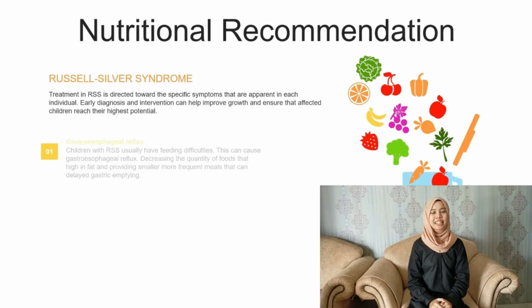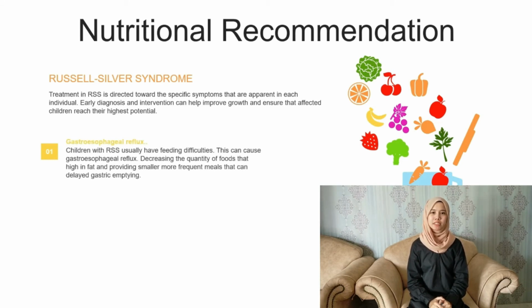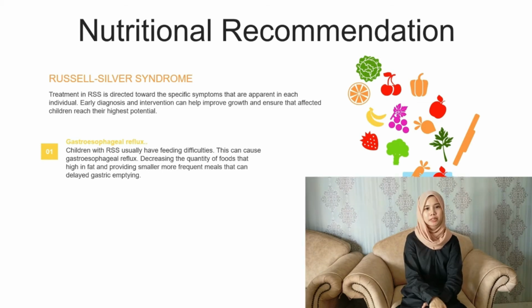Okay, firstly, gastroesophageal reflux. Children with RSS usually have feeding difficulties, which can cause gastroesophageal reflux. So, decreasing foods that are high in fat and providing smaller but more frequent meals can help to improve delayed gastric emptying.